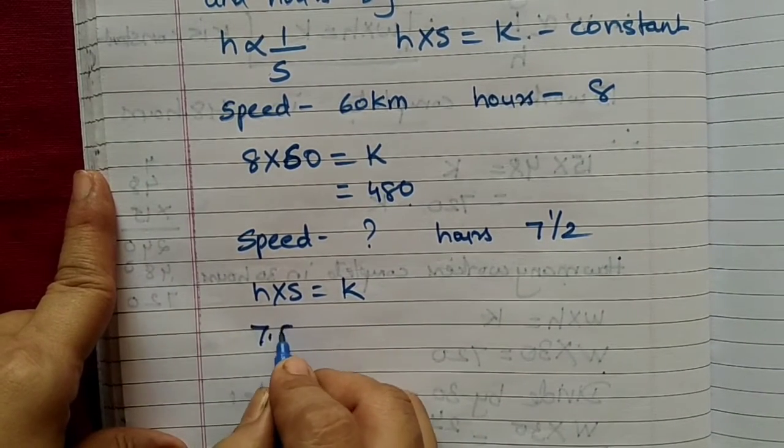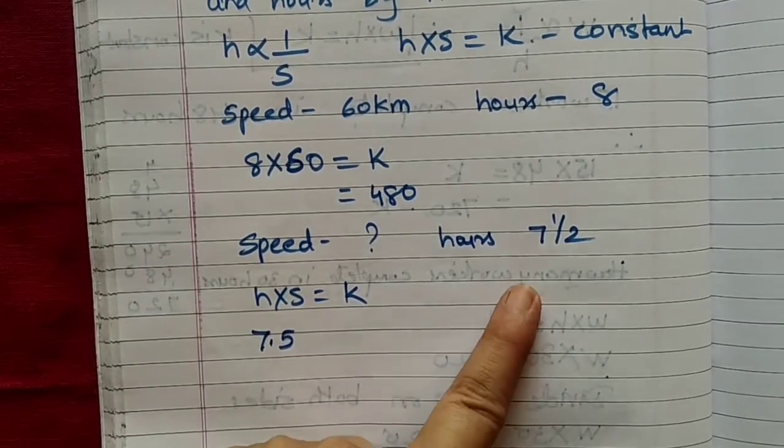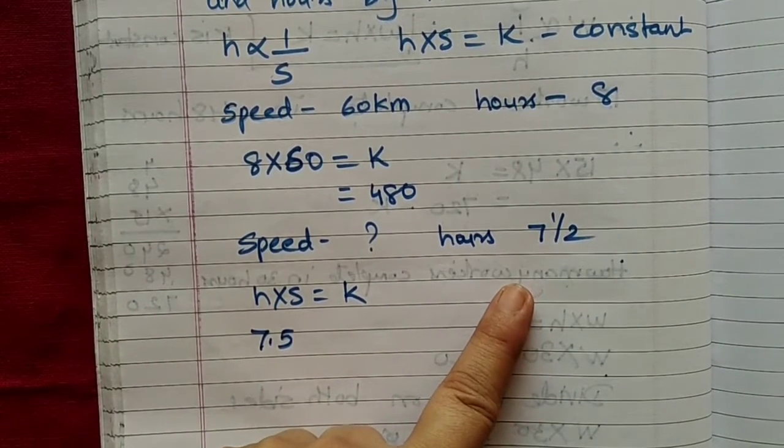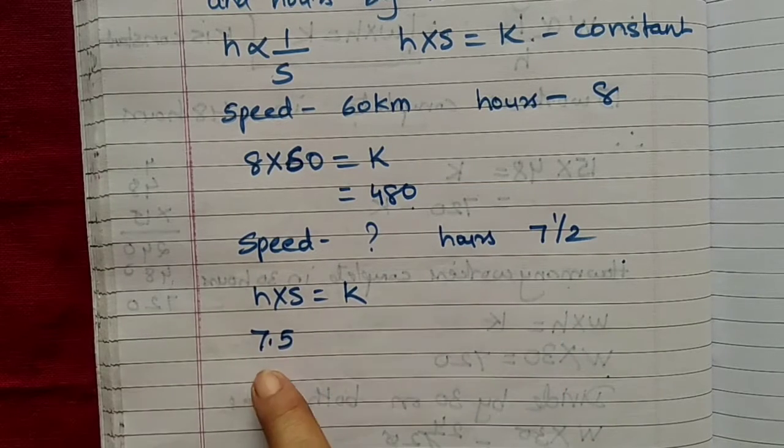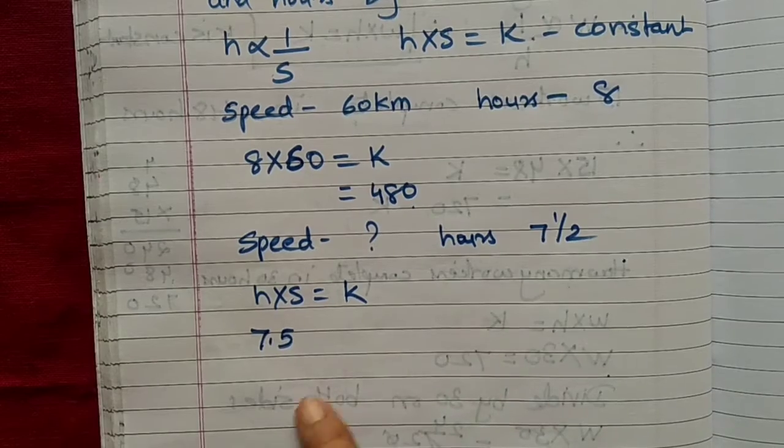Half means 0.5, 1/4 means 0.25, 3/4 means 0.75.